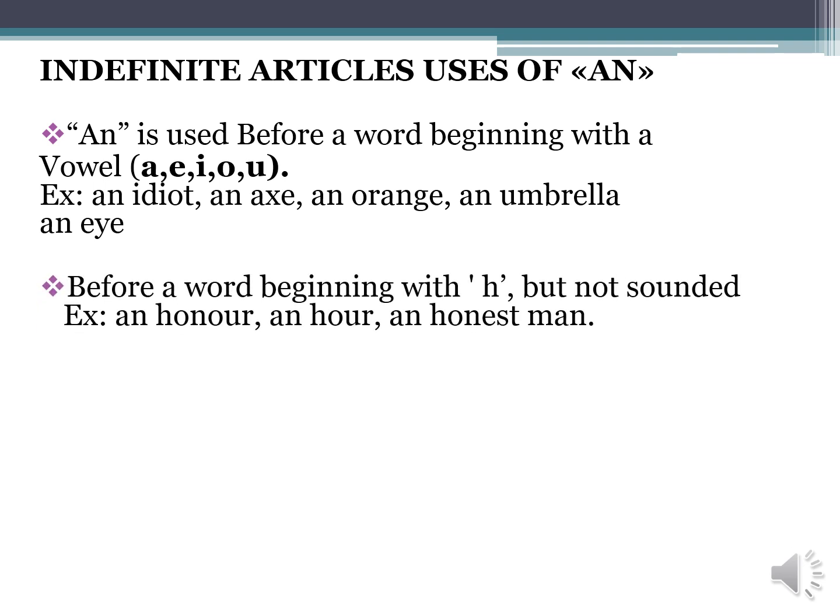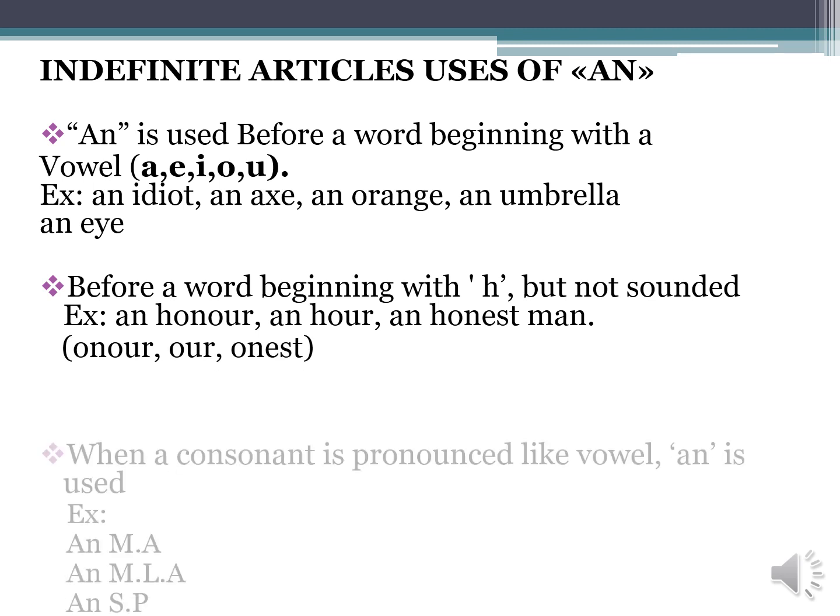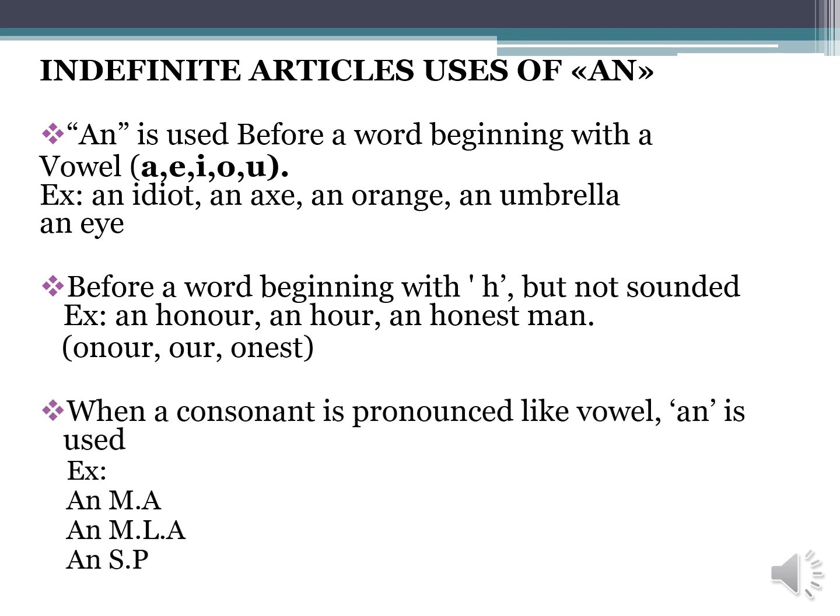Before a word beginning with H but not sounded. For example, an honor, an hour, an honest man. Here the pronunciation is in the bracket. When a consonant is pronounced like a vowel, an is used, though it starts with a consonant letter but we pronounce it like a vowel sound. For example, an MA, an MLA, an SP.